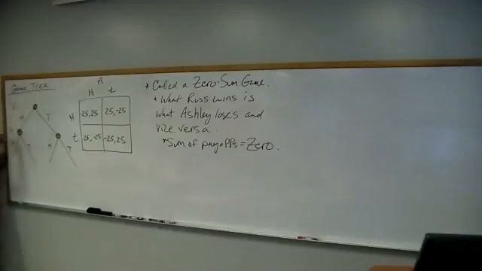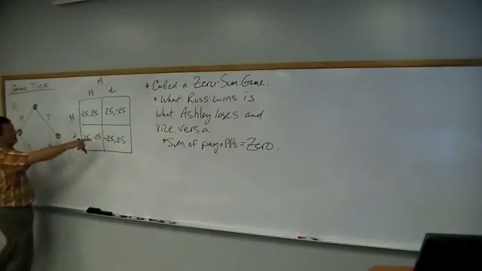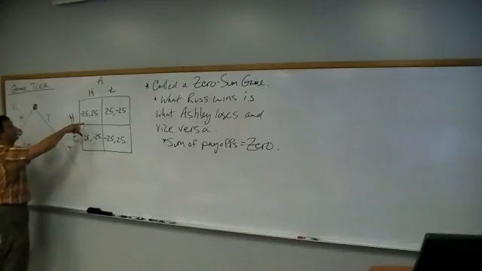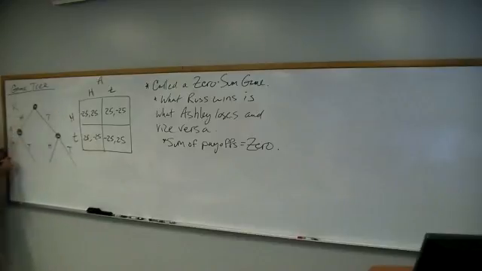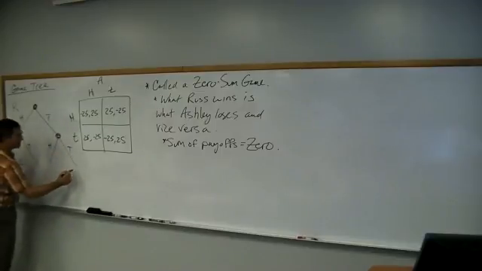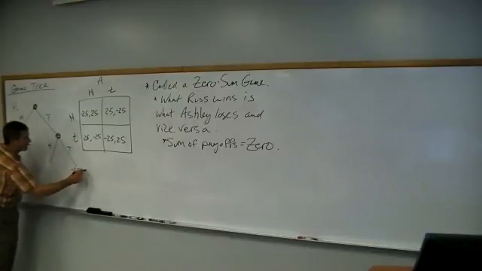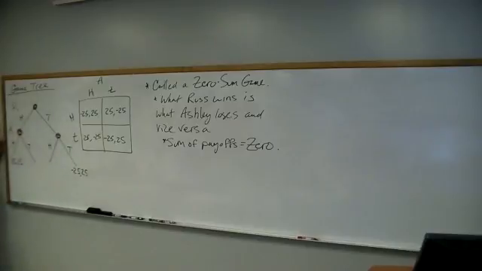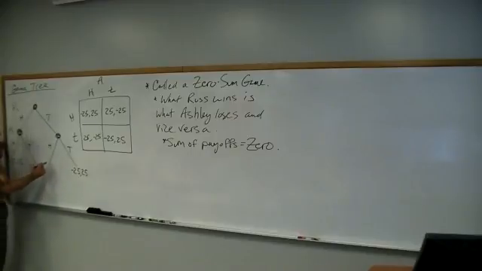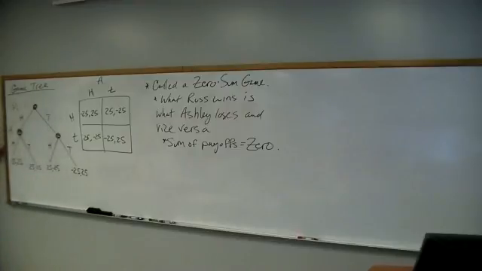So if it's head, head, Russ lost, negative 25 and 25. And if it was tail, tail, Russ lost, negative 25, 25. If Russ had heads and Ashley had tails, Russ won, Ashley lost. And same thing if Russ had a tail and Ashley had a head. Russ won, Ashley lost.